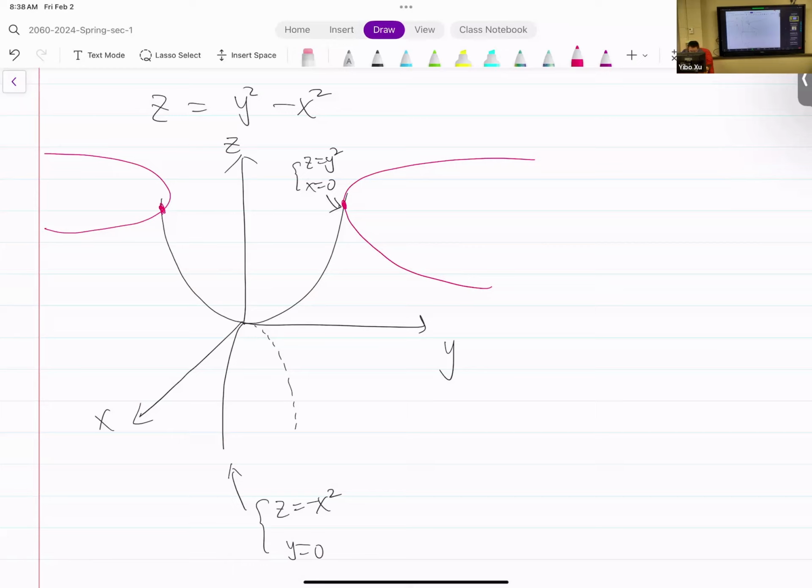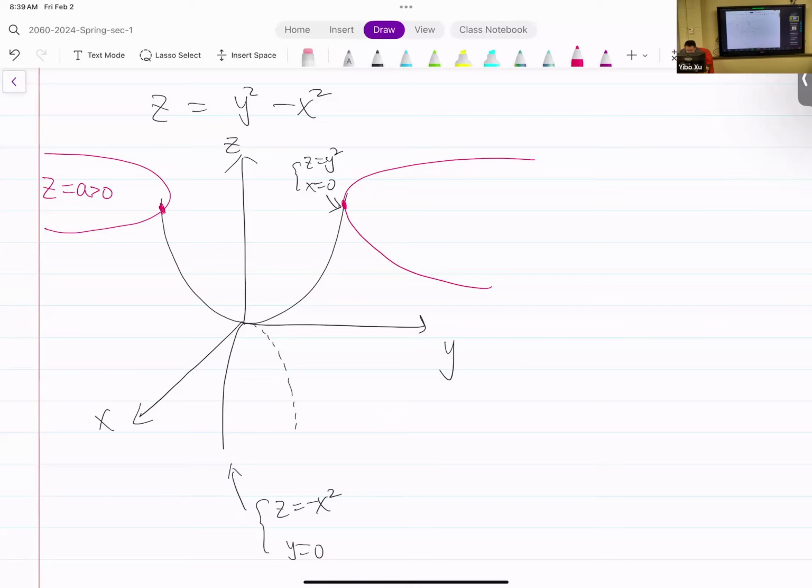Let me put this as Z equals some constant A that's positive. Does that make sense? When Z is positive, your Y value must be positive and X could be 0. So that's what happens.